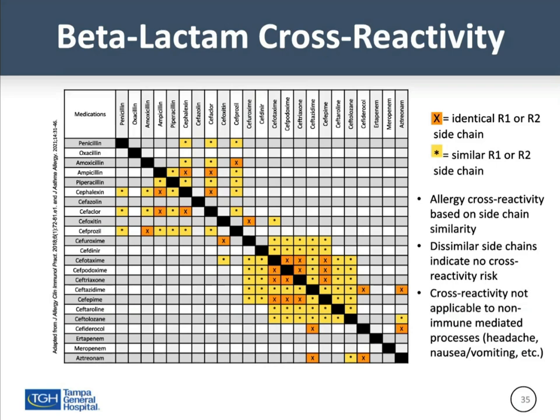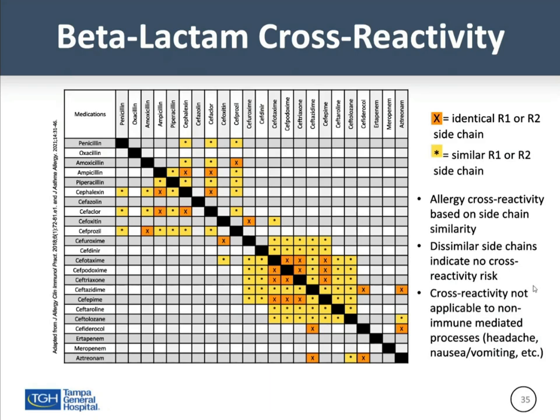If it's gray or white, hey, we don't have any concerns. If it's yellow, there's going to be some similarity there. If it's an orange X, that's where we're going to have the same side chain. So that can also influence you to say, hey, this drug combo looks pretty good based on their allergy, or this one isn't going to be as safe.